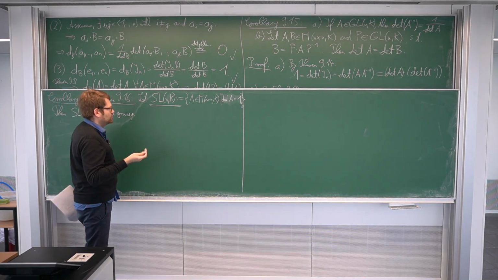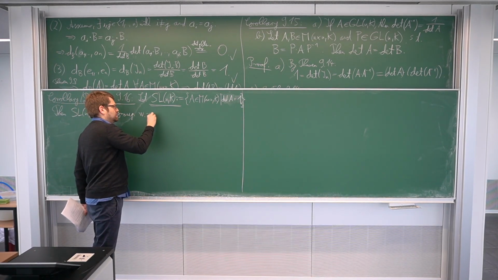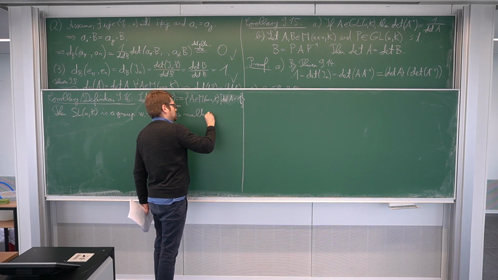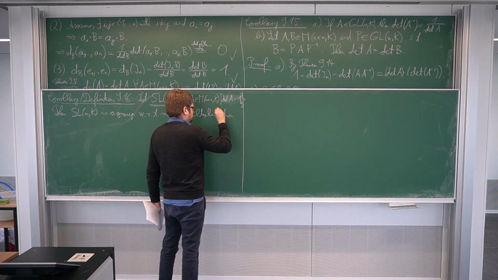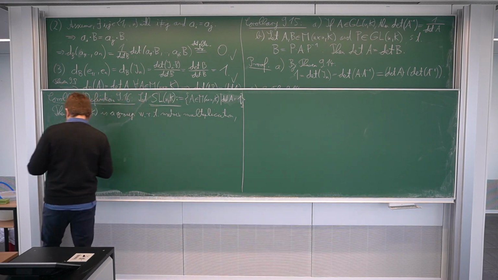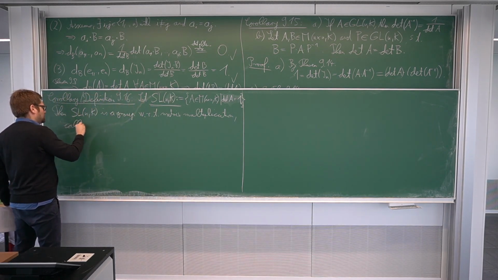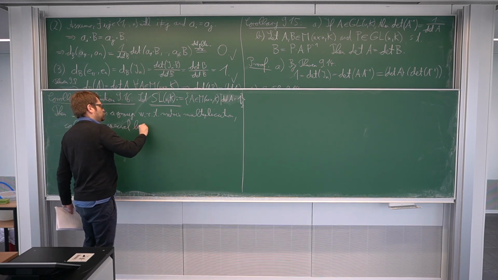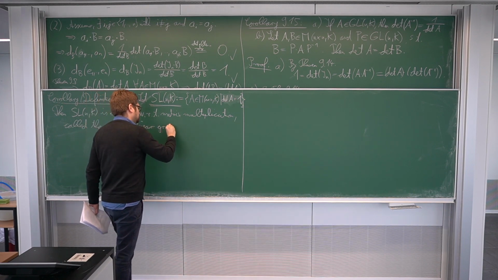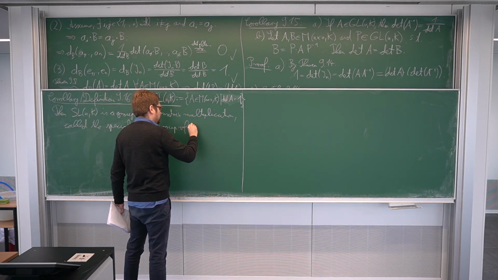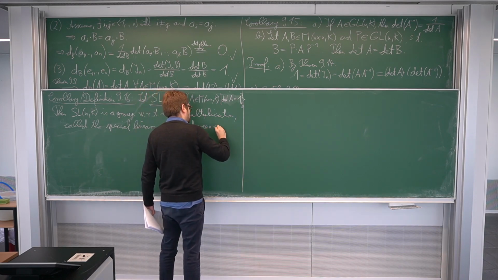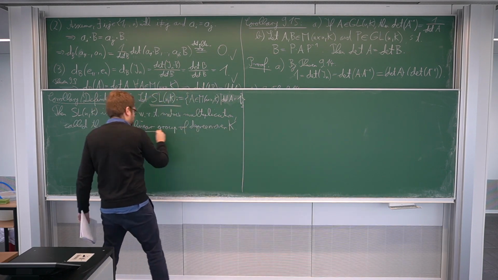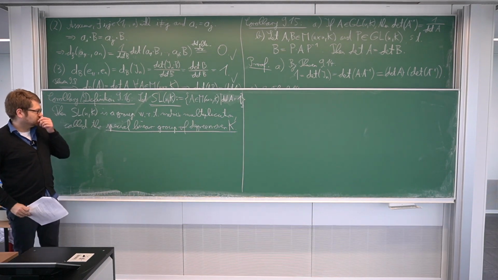And now with what multiplication? Of course, matrix multiplication. So with respect to matrix multiplication, and it has a particular name, where this is why the S is there, called the special linear group of degree n over K. Okay, this is the special linear group.